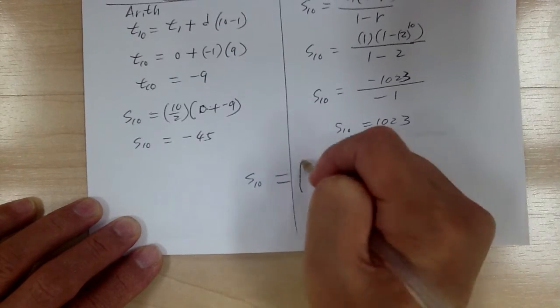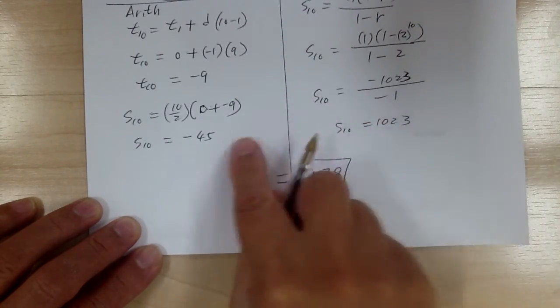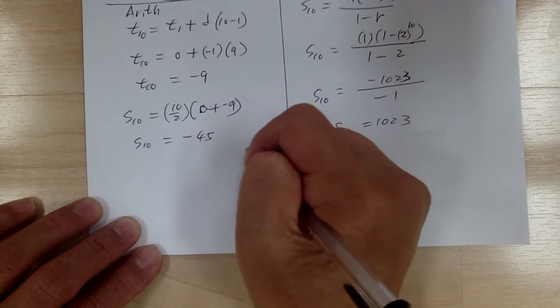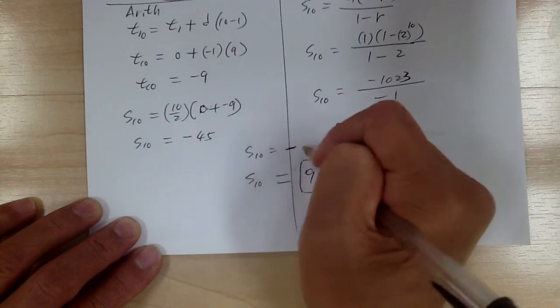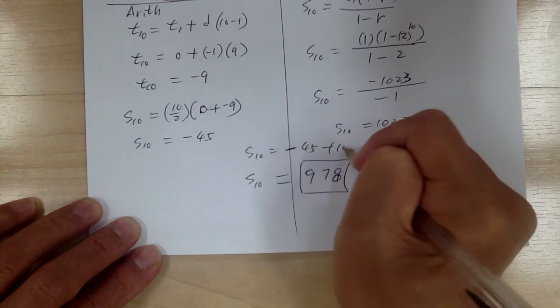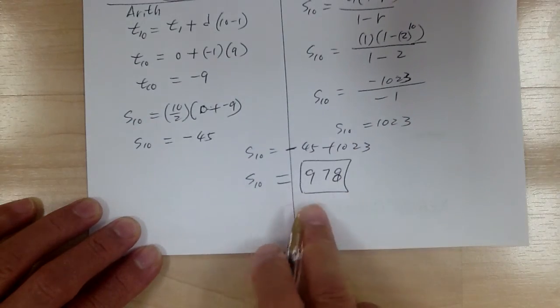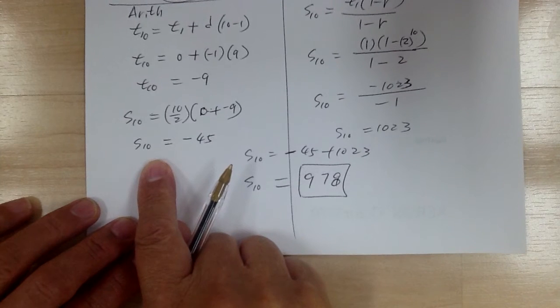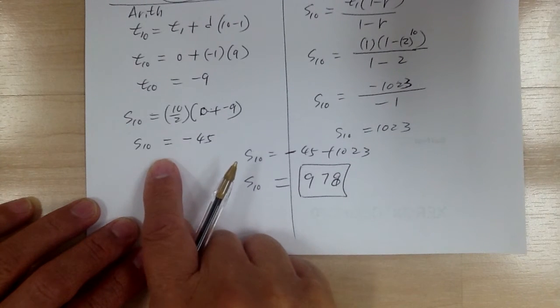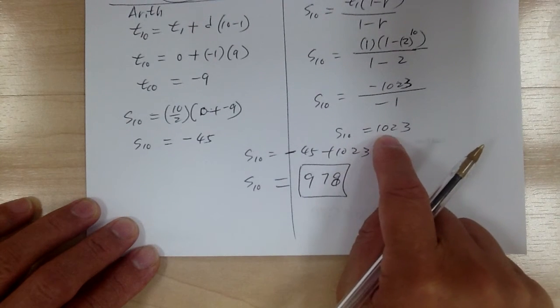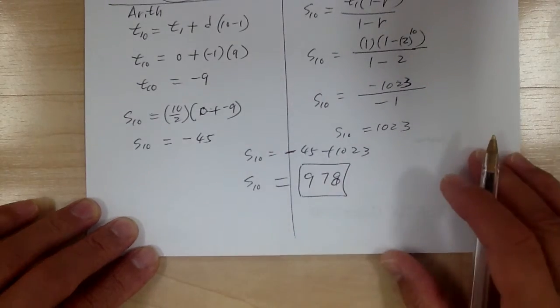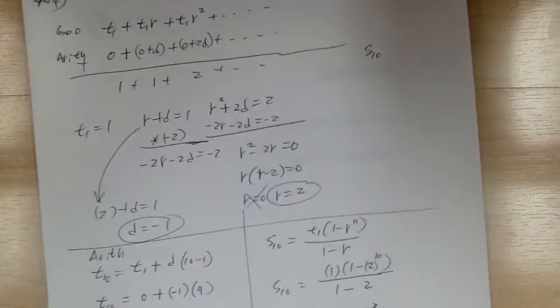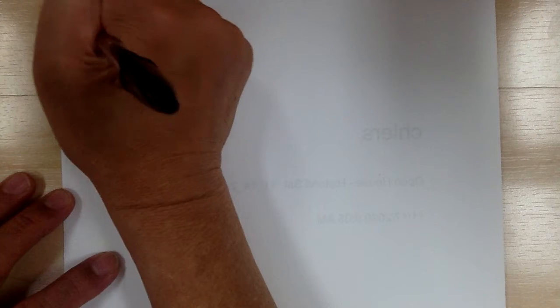Okay, so again you add these two together. So S10 equal to negative 45 plus 1023. So S10 the total. So again, this S10 is the total. This is from the arithmetic, the second series. This is from the first series, the geometric series. Okay, let's go to the next one.